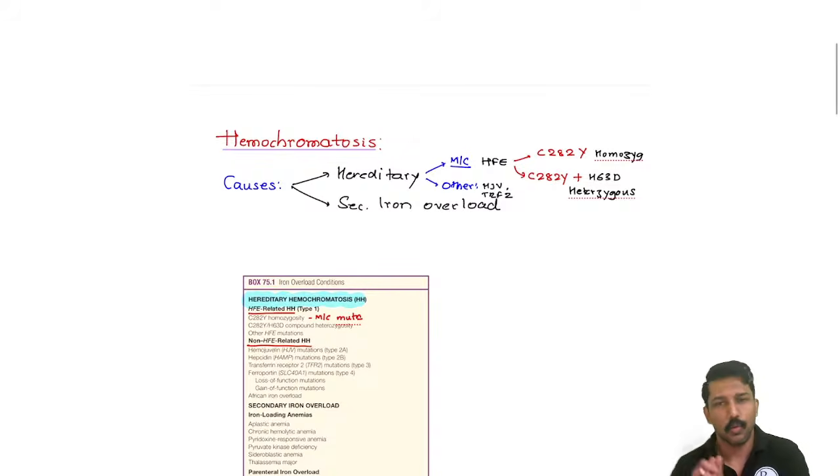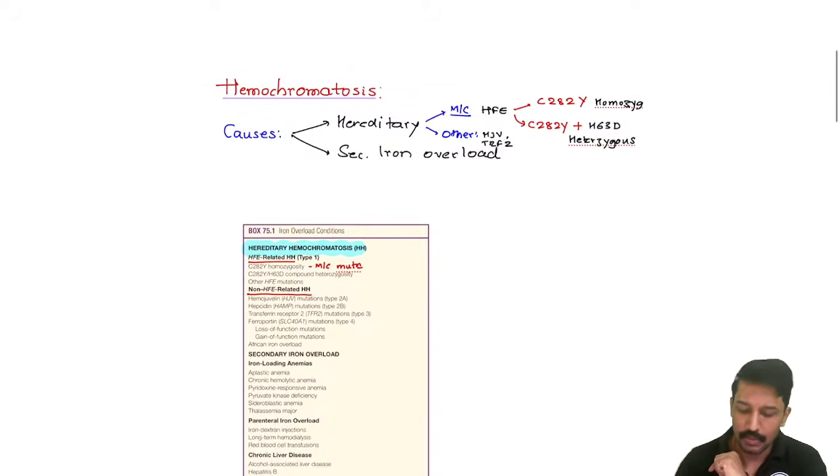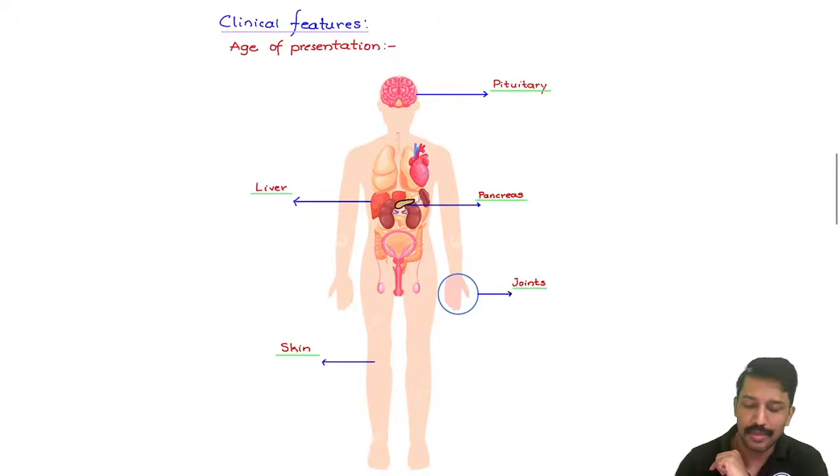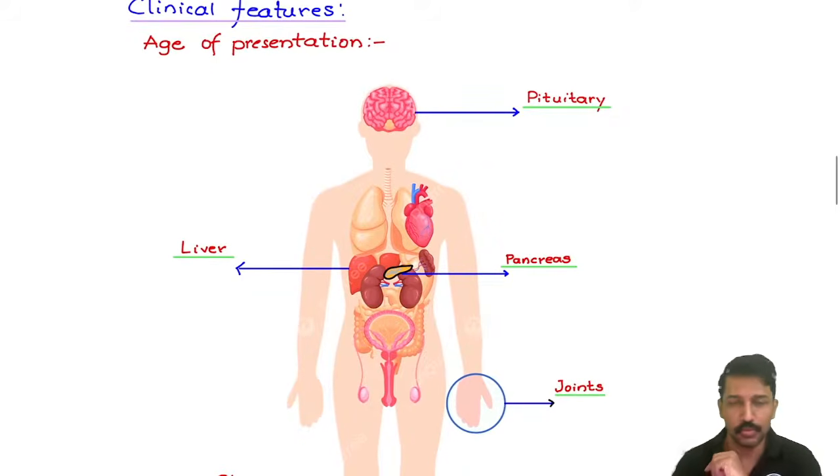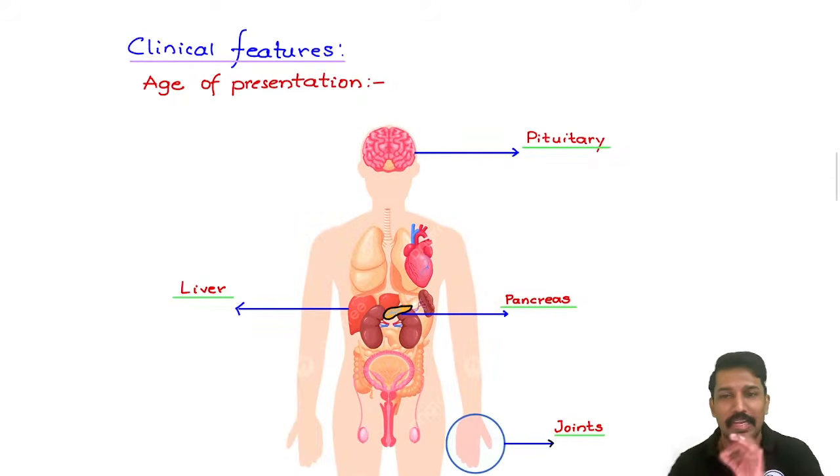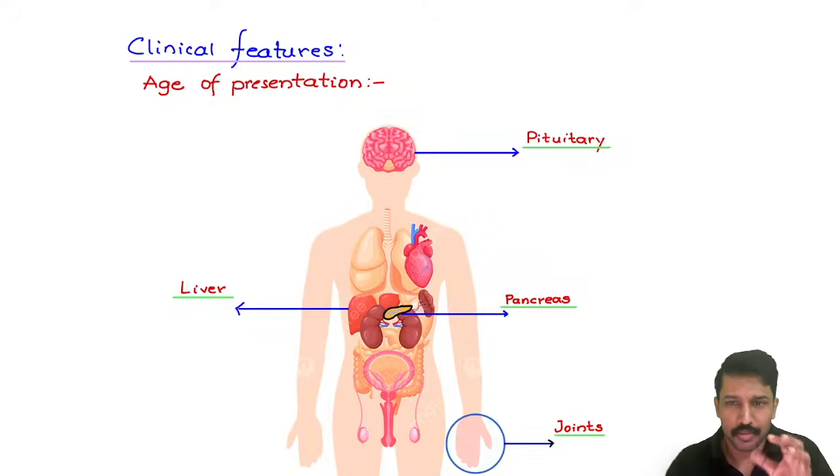Regardless of the cause, what manifestations are we going to get? The iron starts getting deposited in different body tissues, and those tissues start becoming dysfunctional. Let us say there is an individual with the HFE mutation, the most common C282Y mutation, in the homozygous state.